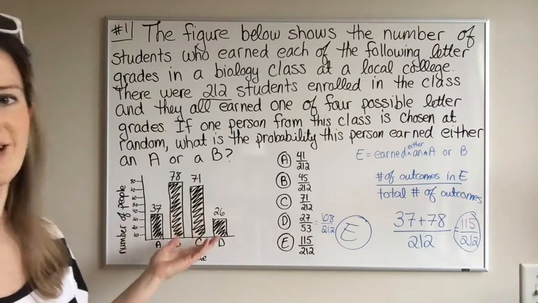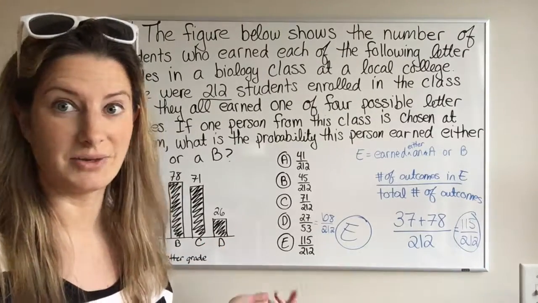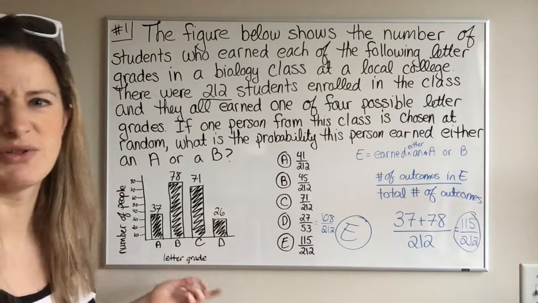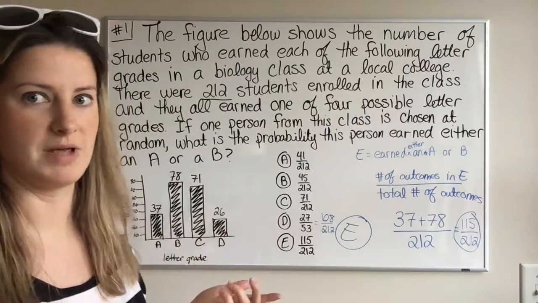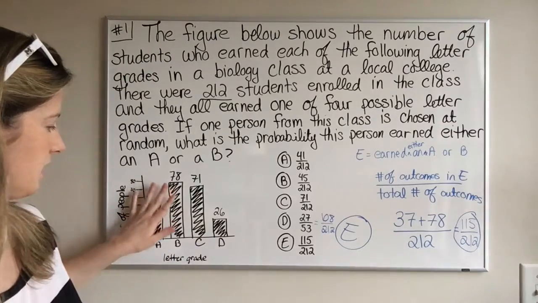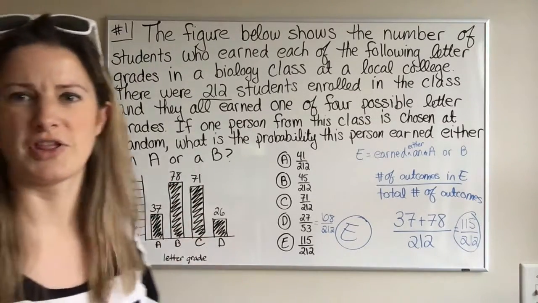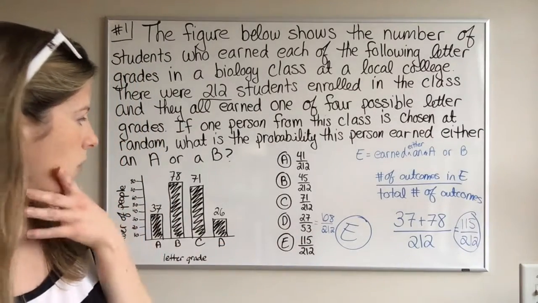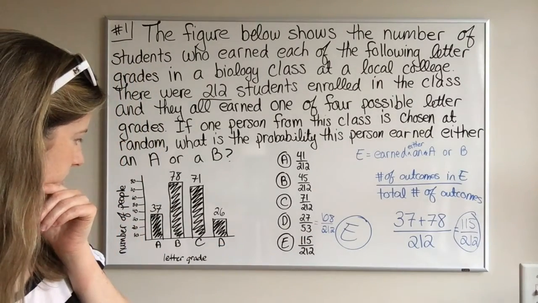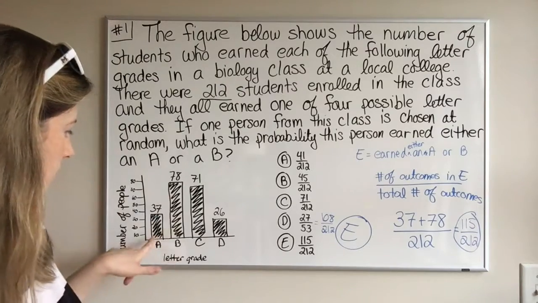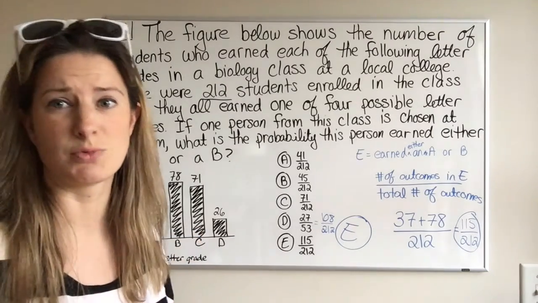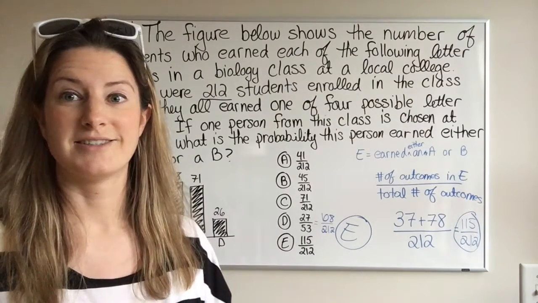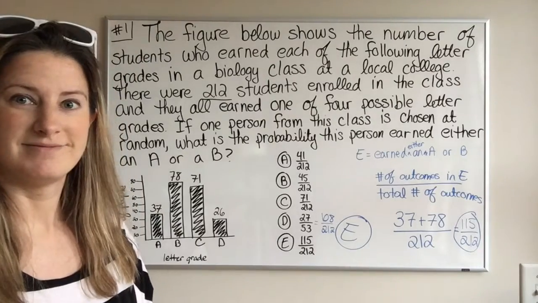What they're assuming there is that you misread and did C and D. I see 71 for C, so they're assuming you just picked C, maybe because you were thinking, oh, it's either A or B, so I'm going to pick C, because there's a thing in probability where it's 1 minus, and maybe that's what they were thinking you were thinking. 108 is going to be A and C, so again, they're assuming you misread the question or went too quickly, and then 115 out of 212 is the answer. So there you go.